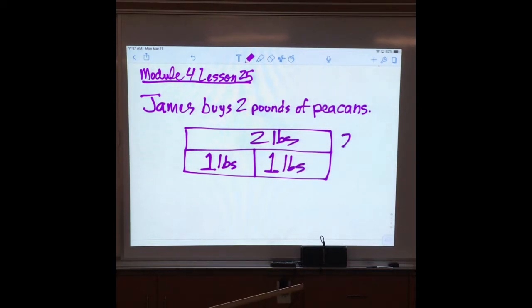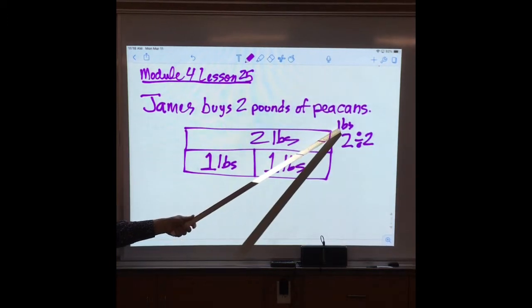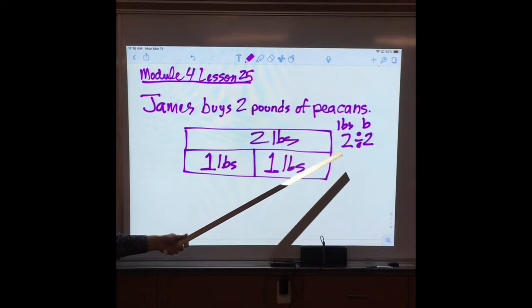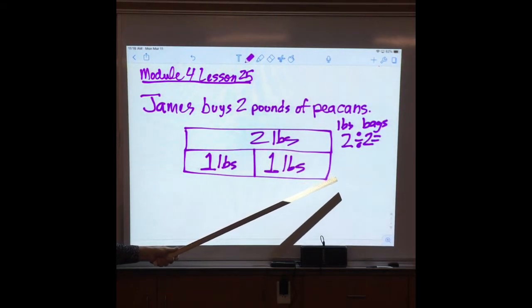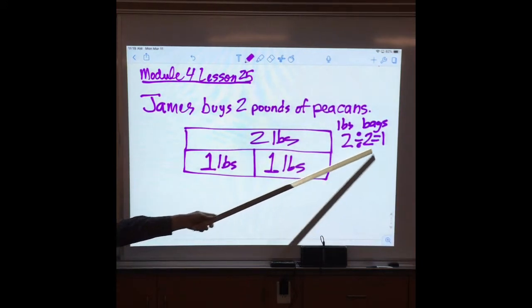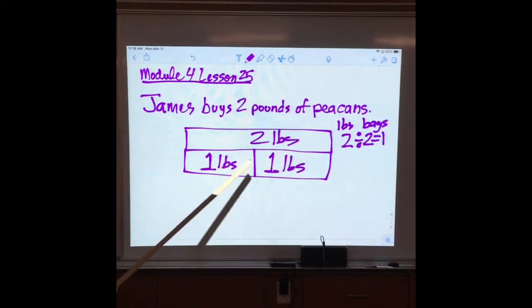So we took 2 and we divided it by what? 2 pounds, and if we're putting it into 2 bags, then we're going to end up with 1 pound in each bag, right? I like it.